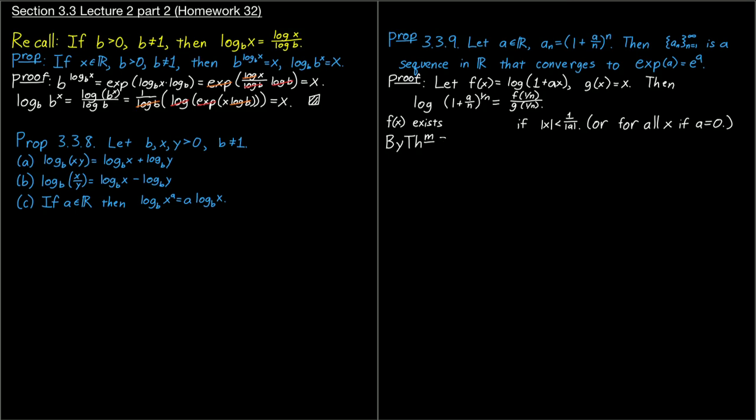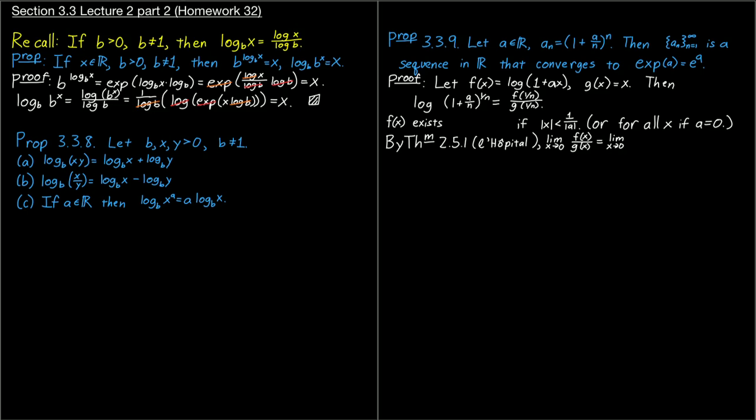So now, by L'Hopital's rule, we have that, let's write this out, limit as x approaches 0, and it doesn't matter which side we're coming from, of f of x over g of x. g of x exists everywhere. f of x exists as long as x is close enough to 0.